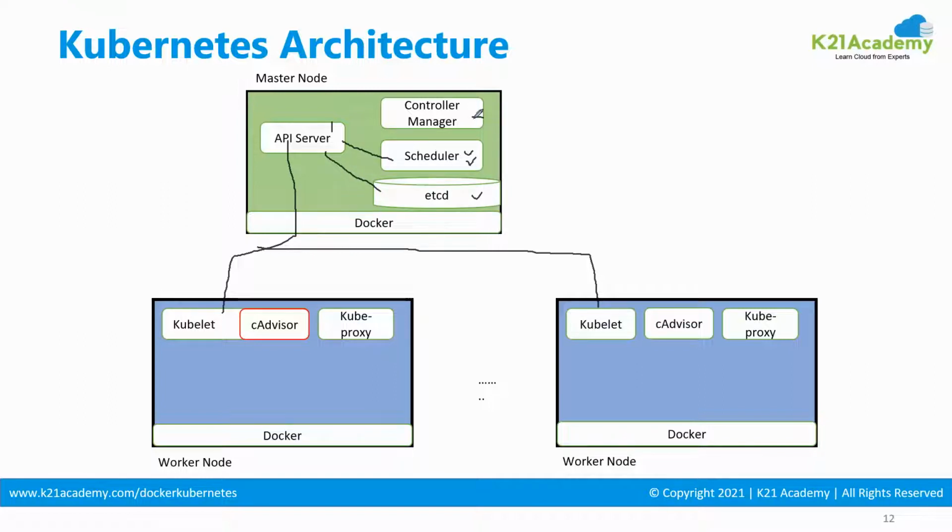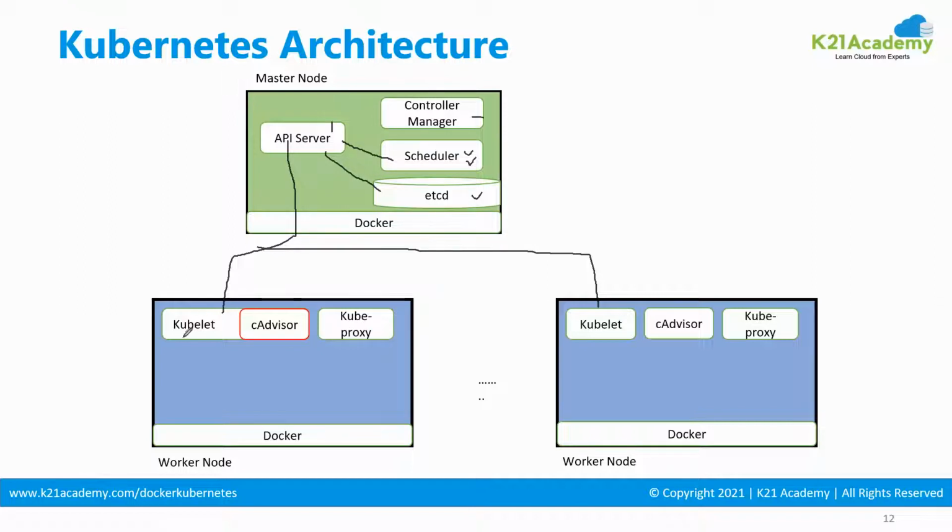If there is any unhealthy pod, there is a replica set controller which takes care of creating the pod. As well, the cloud controller will talk to various components of the cloud. So this is about the master node, right?